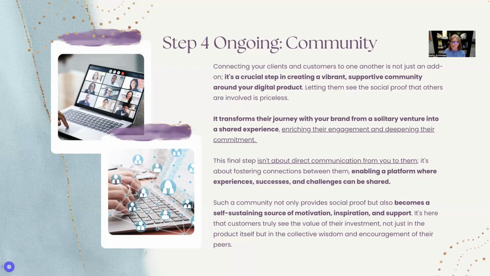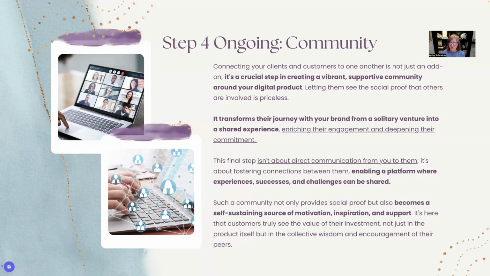It lets them see the social proof that others are involved. Plus, it's almost like a bonus when people get to connect with like-minded individuals. This transforms their journey with your brand from a solitary venture into a shared experience. And this final step is not about direct communication from you to them.